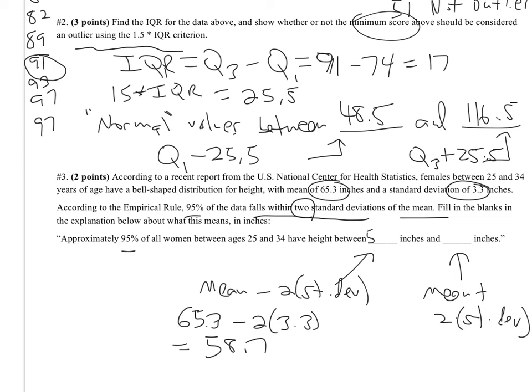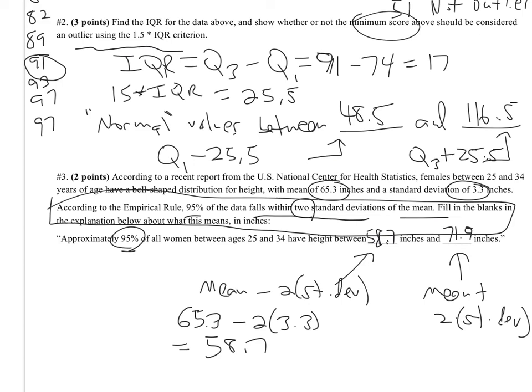So 58.7 inches is the lower end of that range, and 65.3 plus 2 times 3.3 is 71.9. So the statement that the empirical rule says that approximately 95% of all women have heights between 58.7 and 71.9 inches, that's exactly what the empirical rule says for this distribution.